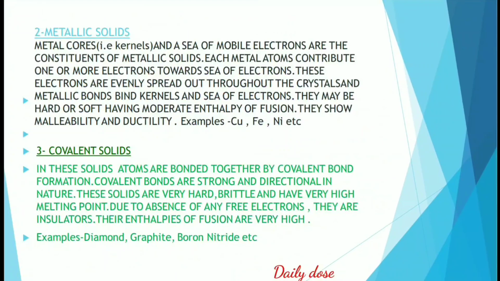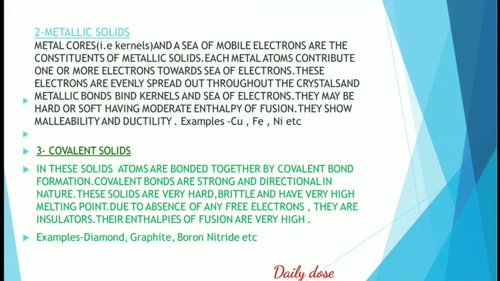So metallic solids, as the name refers, are composed of metal atoms that are held together by metallic bonds. And metallic bonds are like huge molecular orbitals that span across the whole solid. As a general principle, we can say the more valence electrons there are, the stronger the metallic bonds will be.